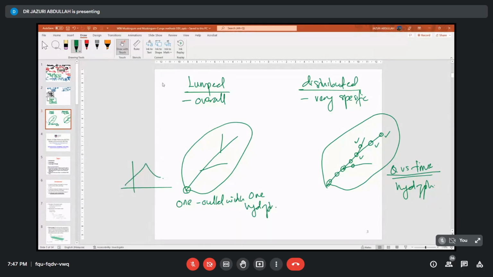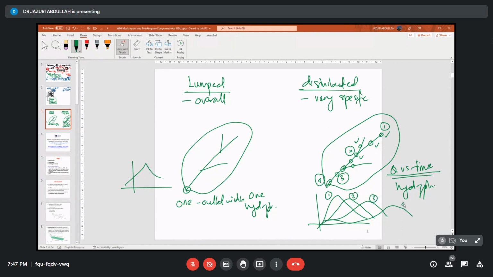But for the distributed model, let's say you have the number one, so this is the interested point that you like to come out with the hydrograph. So you boleh keluarkan hydrograph 1, hydrograph 2, hydrograph 3 and hydrograph 4. So you have several hydrographs that you can calculate.